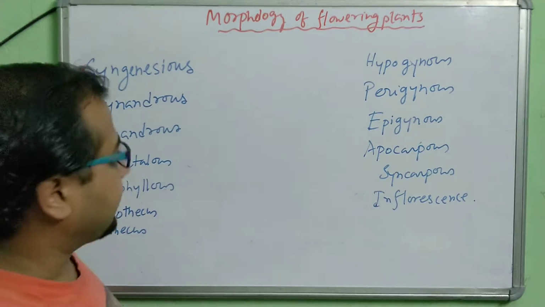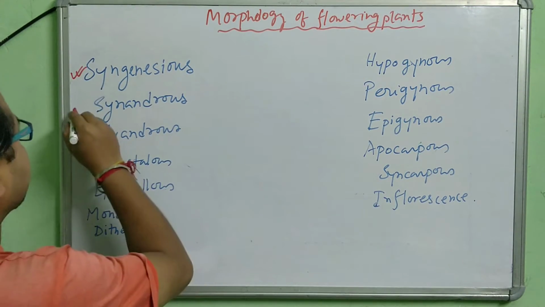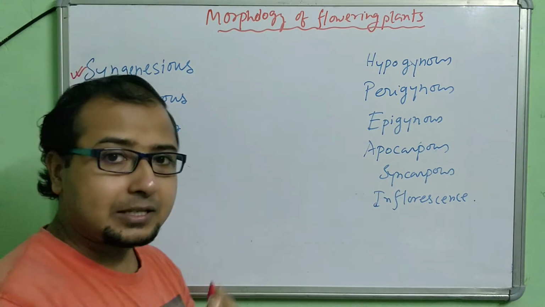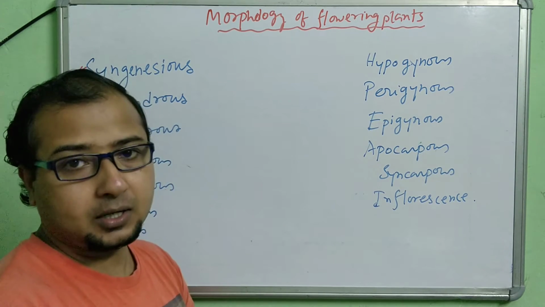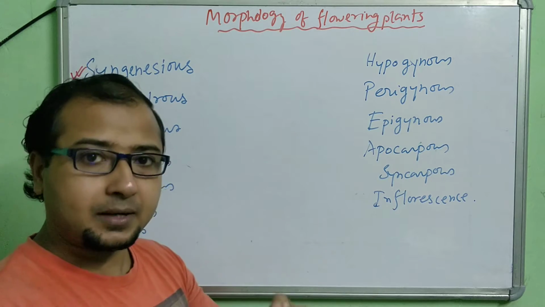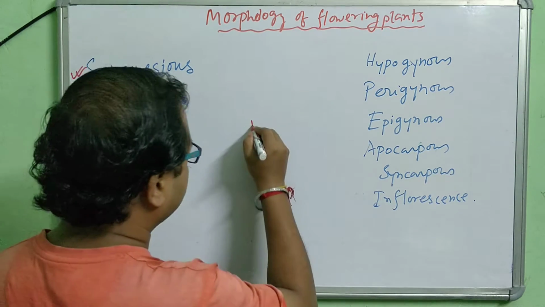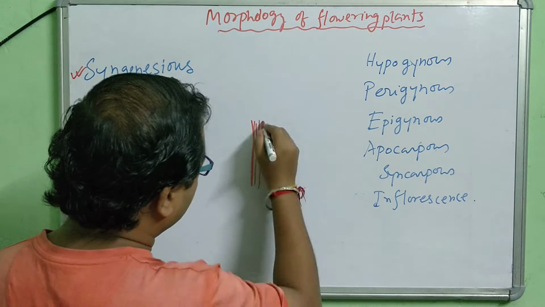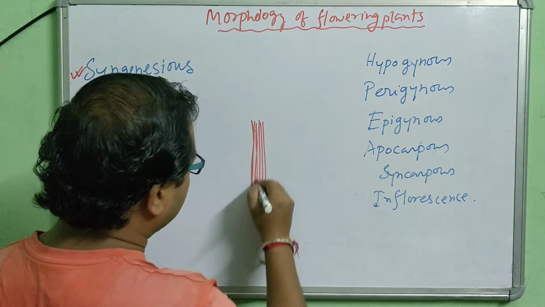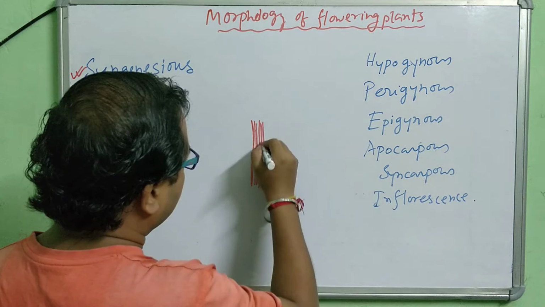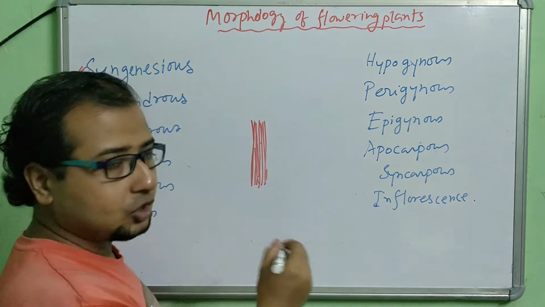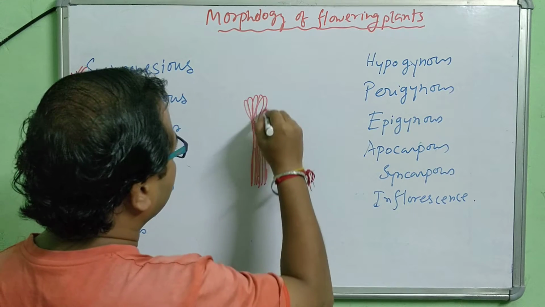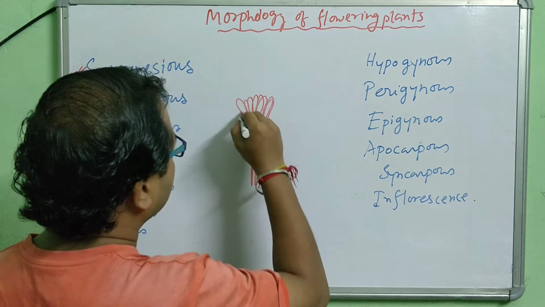Now, the next one is the synandrous. What is this synandrous? Synandrous is where both the anthers and filaments of the stamens are fused together. Many stamens are there, and all are fused together here, and the anthers are also fused together.